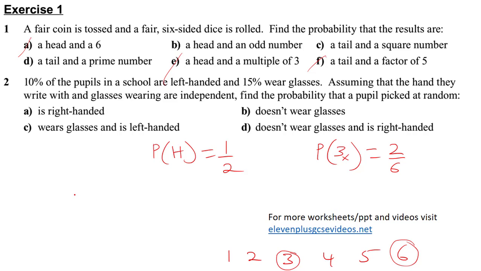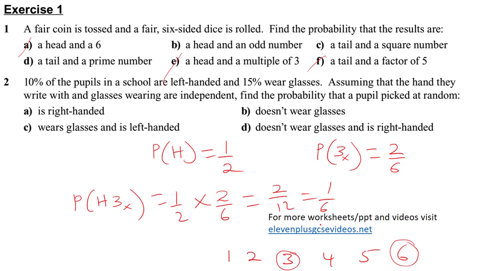So to find the probability that you're going to have the head and the 3 times table outcome, it's the chance that it's a head times the chance that you end up with a number in the 3 times table, which is 2 over 6. All you need to do is times them, so I'm going to have 2 over 12. And if you simplify, you get 1 out of 6 on that one.